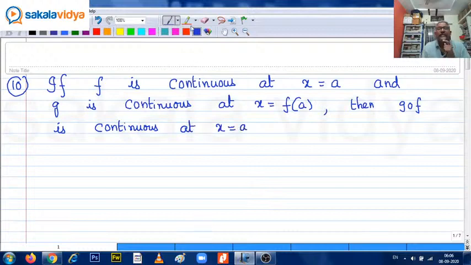So you see here one important thing, f is continuous at x equals a, g is continuous at the image of a, f of a, then g circle f is said to be continuous at x equals a. This is very important point.